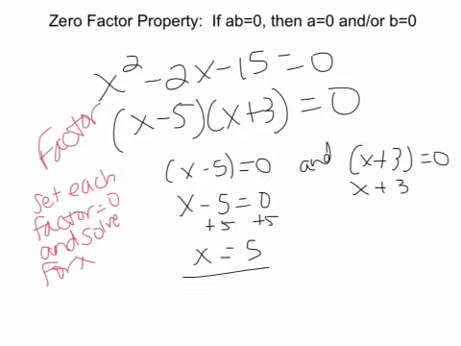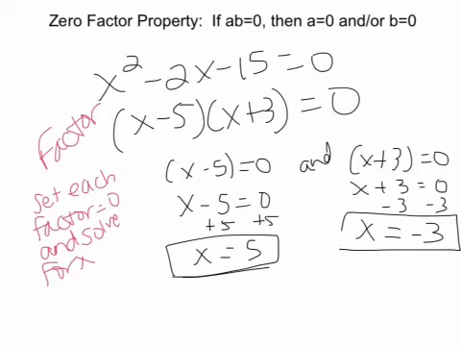Over here, I just subtract 3 from each side, and I get that x equals negative 3. Now I can go back and check and make sure when I plug in 5 here that this does equal 0. Same thing for the negative 3, and it will. So these are my solutions, these are my roots, my x-intercepts. If I were to graph this, then this quadratic would cross the x-axis at negative 3 and 5. And that's not a very good graph, but that's what it means.